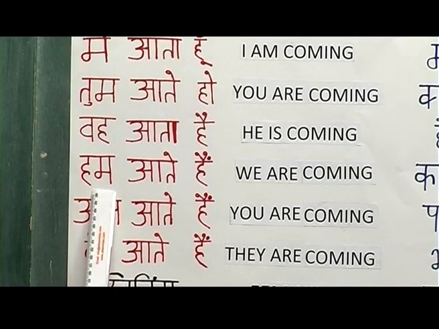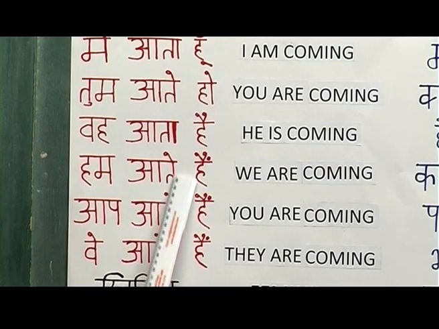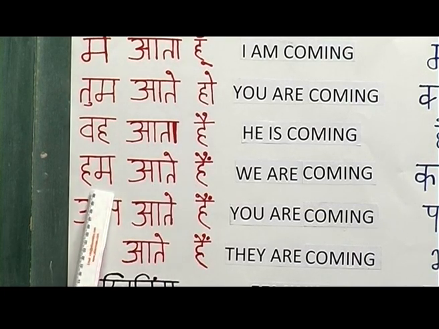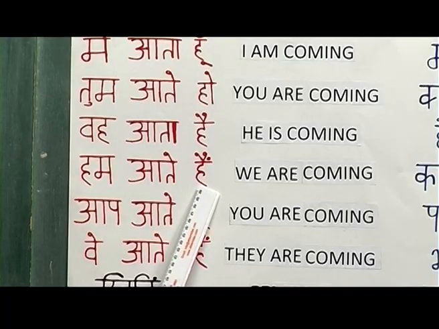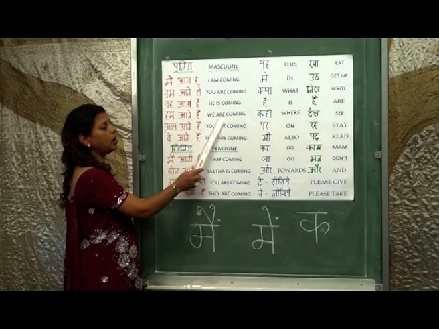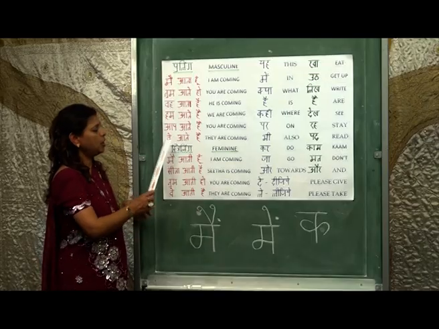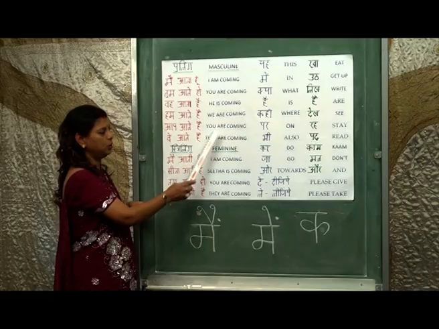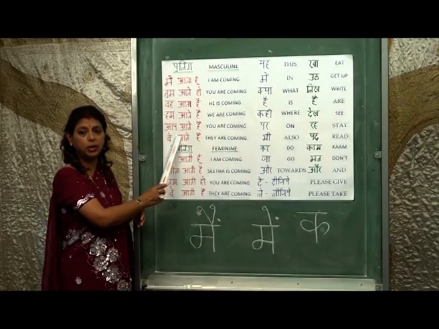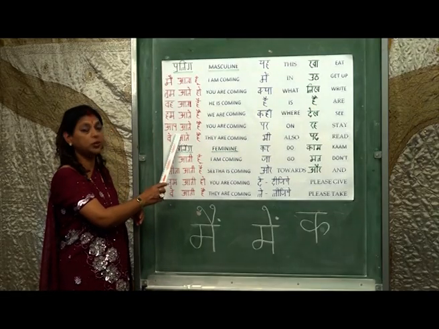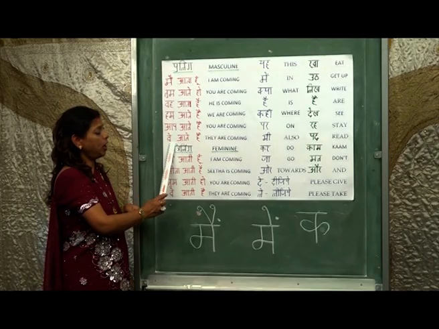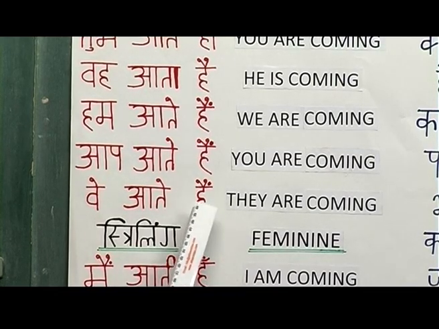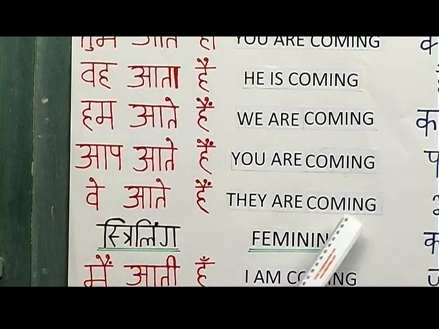It will become हम आते. Again, the a will drop off and it will take e and that becomes हम आते हैं, which is we are coming. आप आते हैं. You are coming, but you are talking to someone that is elder than you with respect. वे, as in plural again, they. वे आते हैं. They are coming.